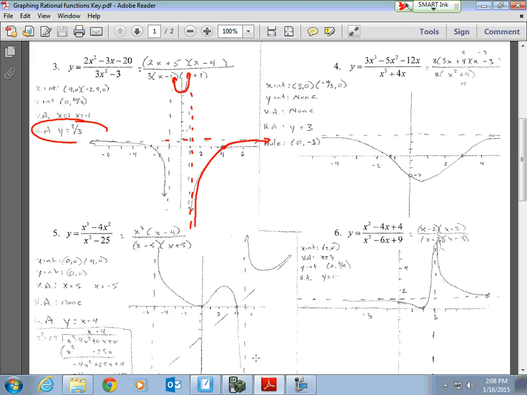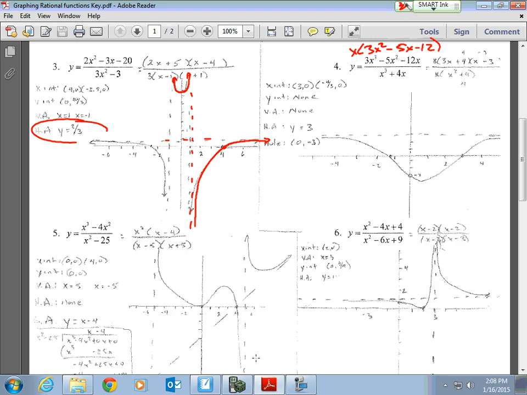Question 4. Factor everything. Notice in both the top and the bottom there is a common term. Your first step needs to be factoring out that common term. So the top factors an x out, and I get 3x squared minus 5x minus 12.